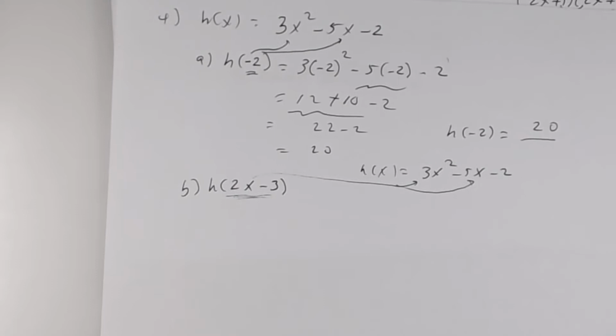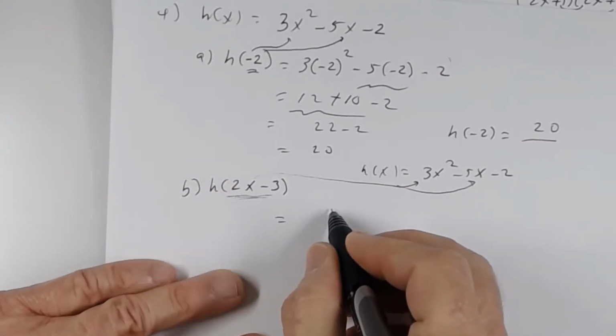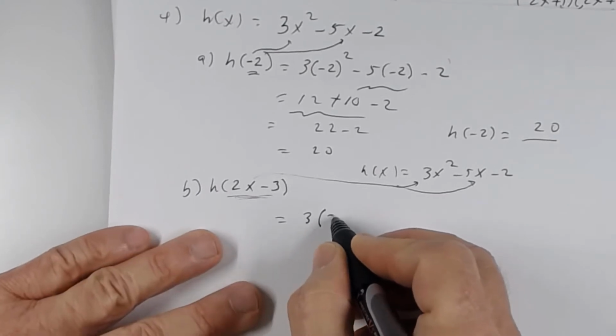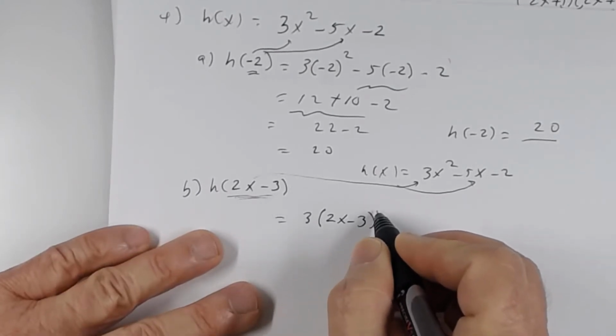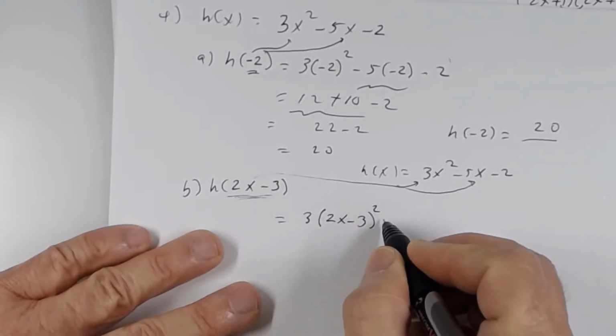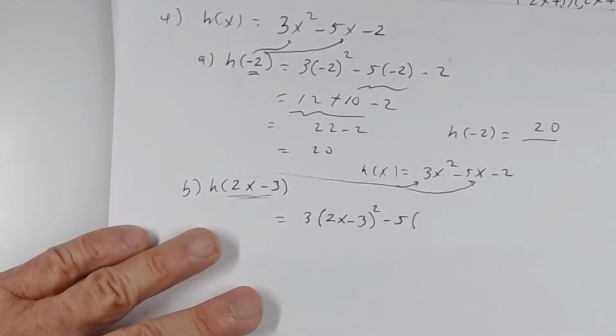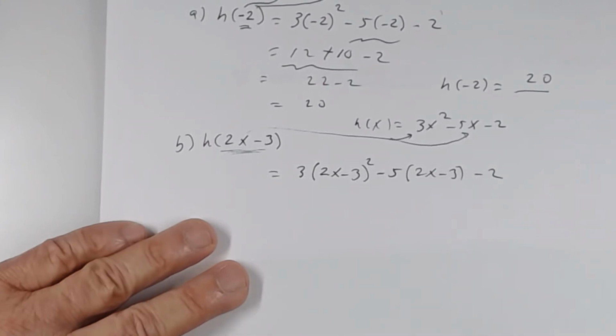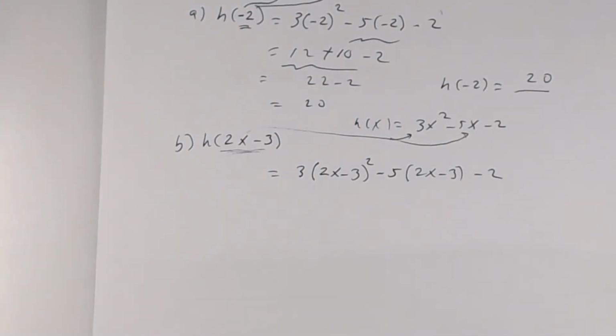So the first thing you should all do is say 3 times in parentheses, what do you say? 2x minus 3. And what do I do to that? Squared. And then I say minus 5 times in parentheses, what should you say? 2x minus 3, and then minus 2. So all of you should have this written down on your worksheet.